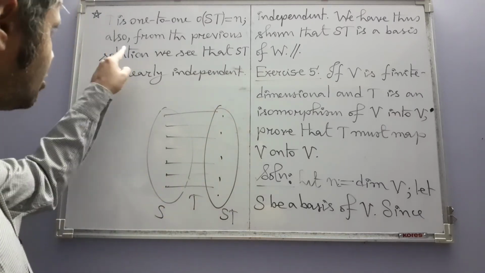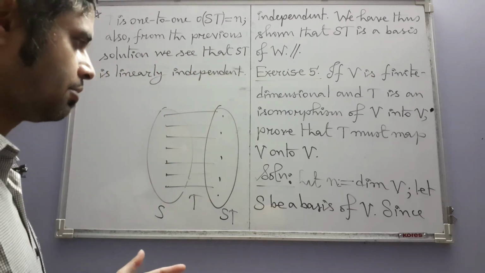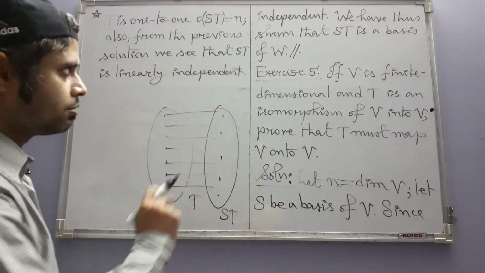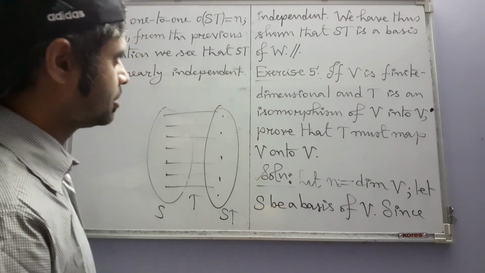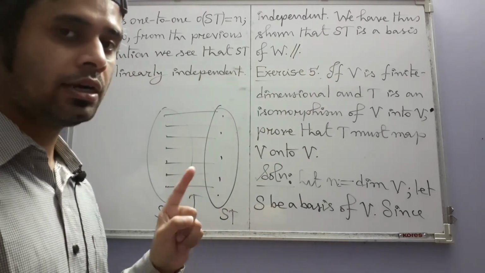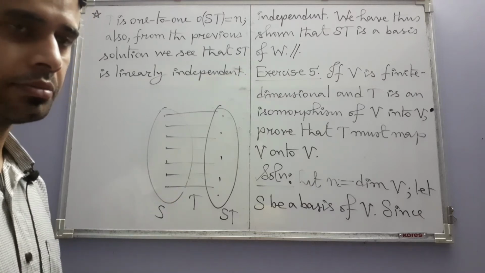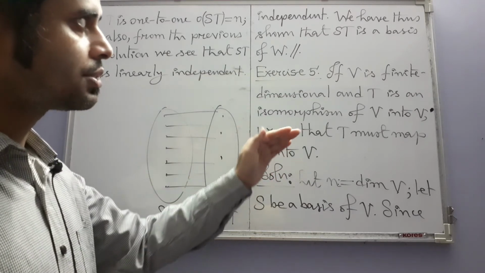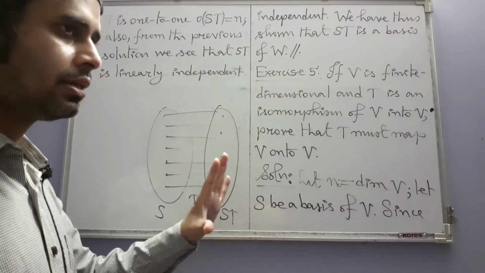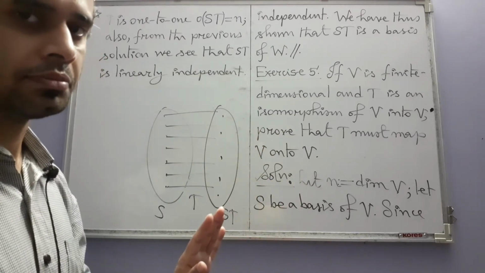Then we are saying also from the previous solution we see that ST is linearly independent. Now where is this coming from? If you go back to the previous solution, you will notice that linear independence of ST only depends on the fact that S is linearly independent. The fact that ST spans W depends on the fact that S spans V. So here we don't have anything to do with span.